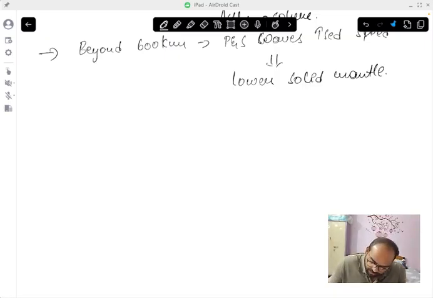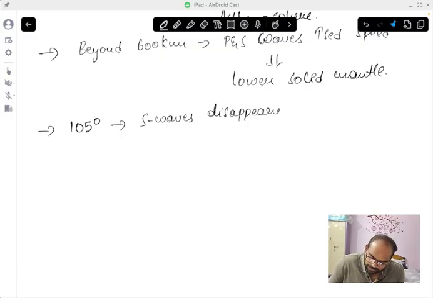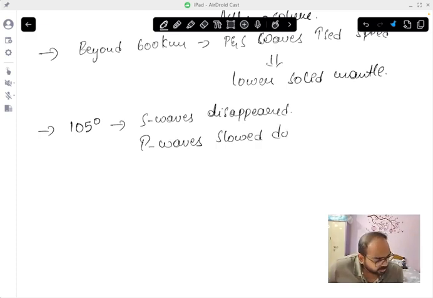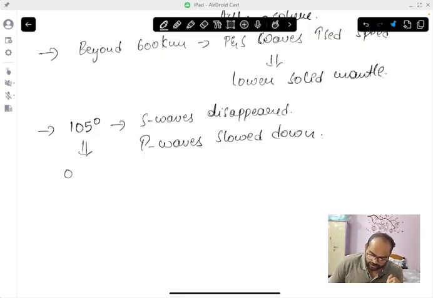Okay, at 105 degrees, as we learned in the shadow zone of P and S waves, S waves disappeared and P waves slowed down. That is after 105 degrees, or you can also write it as after 2900 kilometers.